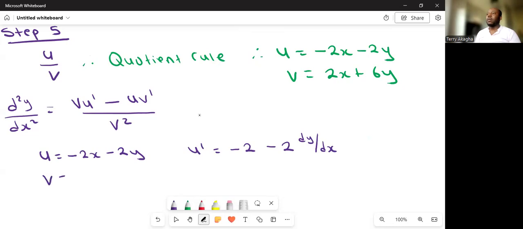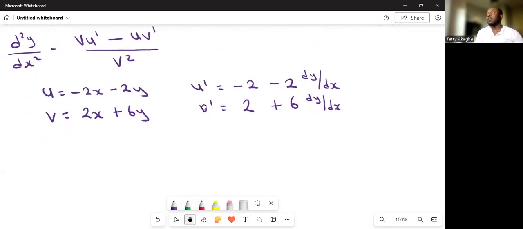Then v is 2x plus 6y. So v prime: differentiating 2x gives 2, and differentiating 6y gives 6, but because it's y, you have to add dy over dx.